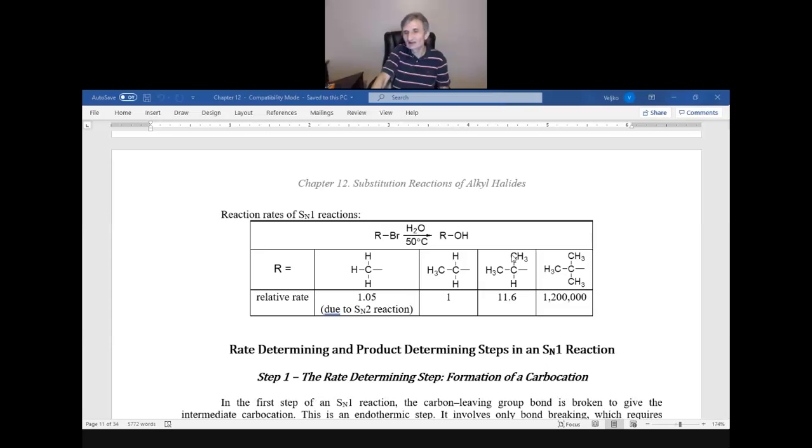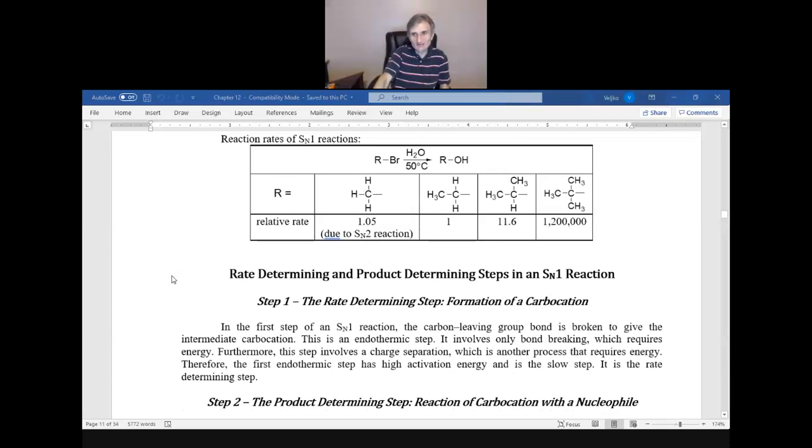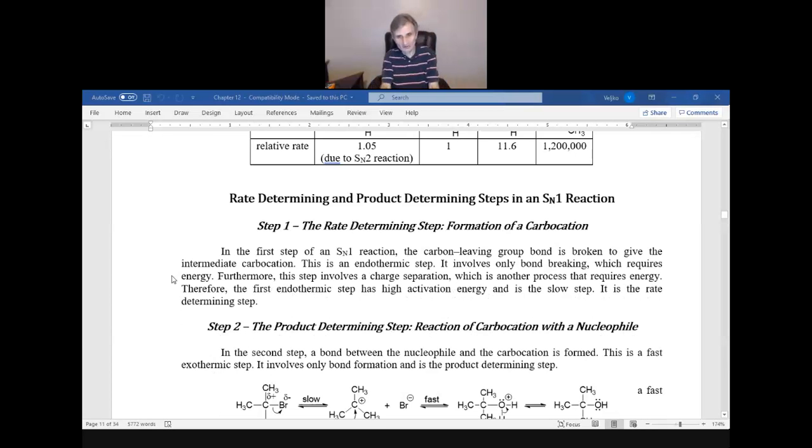So secondary substrates can react under SN1 conditions. And tertiary react very fast, 1.2 million. So tertiary really fast. So that's the order of reactivity. Tertiary very fast, secondary much slower. Primary and methyl don't undergo SN1 reactions. And so you can already see some regularity here, that in the case of SN2 reactions we have the opposite order.